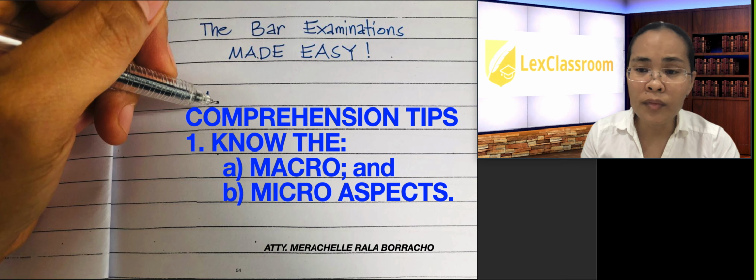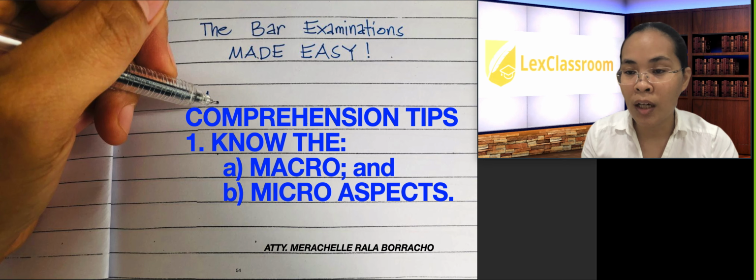Now, another tip also is, we will go to the micro of the macro. If you're going to study or read the full text of a law, you have to know the state policy. Actually, the state policy gives you the macro. It contextualizes things. So if you know the context, then you will also have better understanding, because it's like the human process.